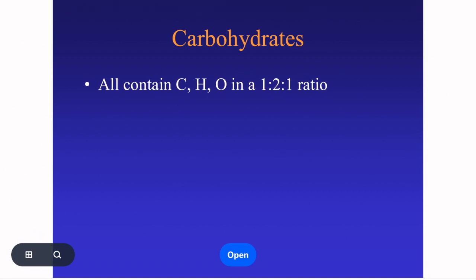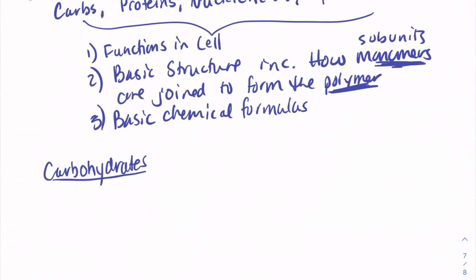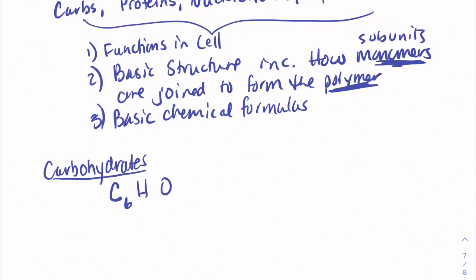Carbohydrates all contain carbon, hydrogen, and oxygen in a 1 to 2 to 1 ratio. What that means is that if we have a carb with 6 carbons, it's going to have 12 hydrogens and 6 oxygens. If I do C5, that means it's going to be H10, twice as many hydrogens as carbon, same number of oxygens.